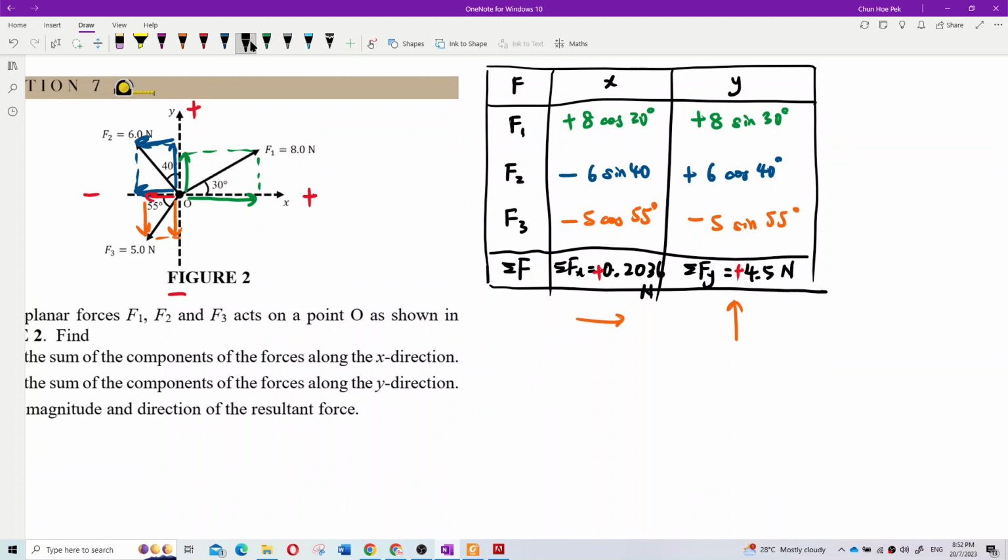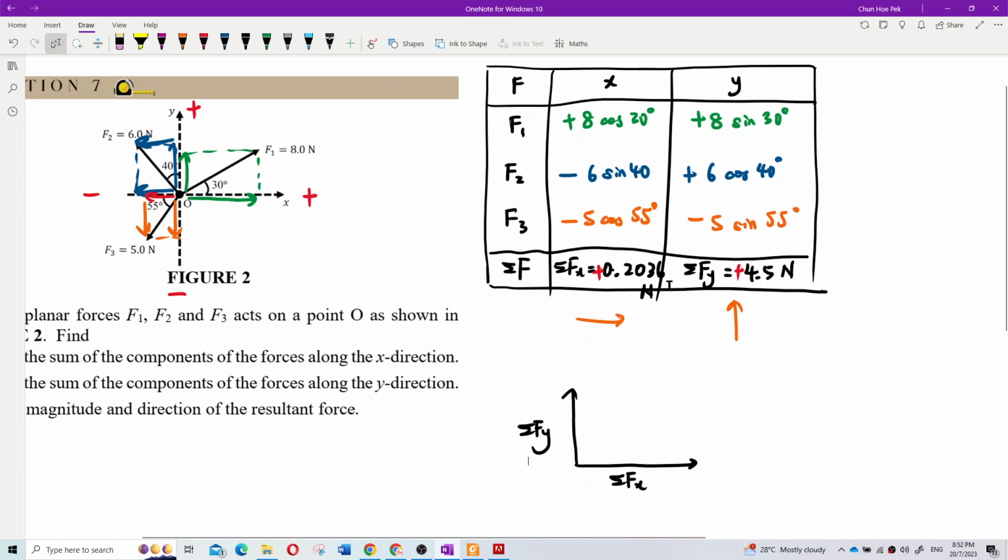So that means it is this way. This is total Fx, this is total Fy, because it's positive x and positive y. So our resultant force is this one.